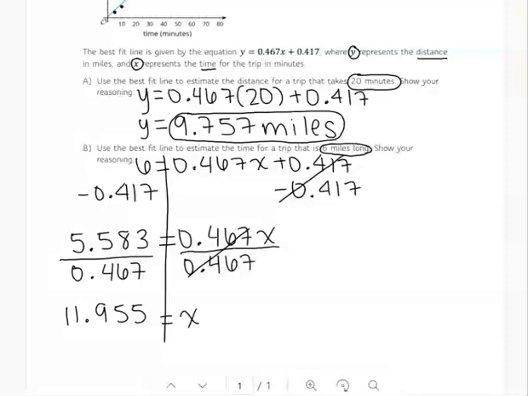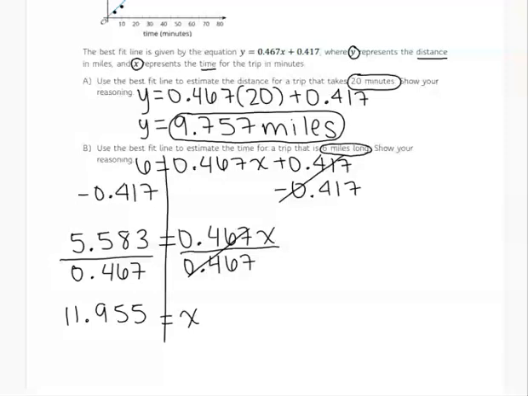I rounded this answer. When I put this in the calculator, I get a very, very long decimal. I rounded it to 3 numbers after the decimal. So 11.955 equals x. We solved this equation. Now we need to figure out, what does this tell us? Well, x represents time.